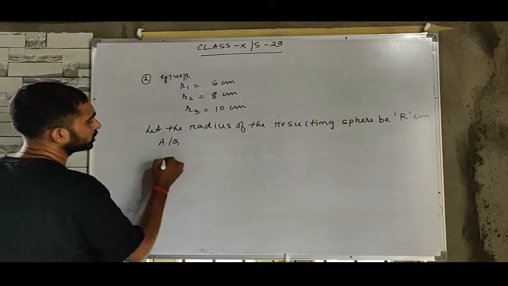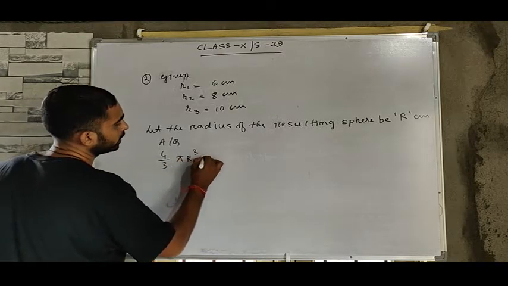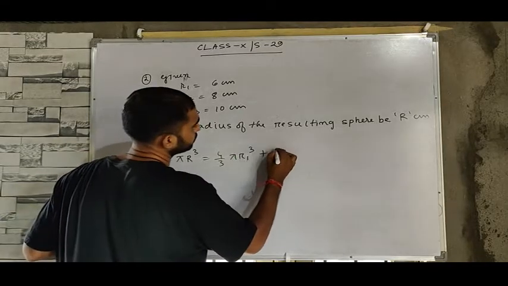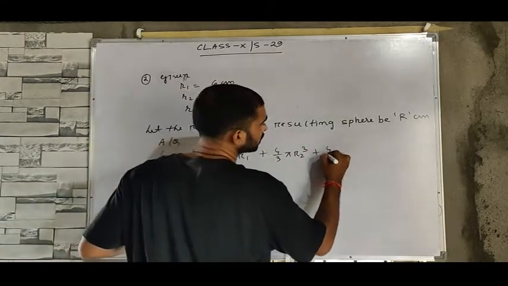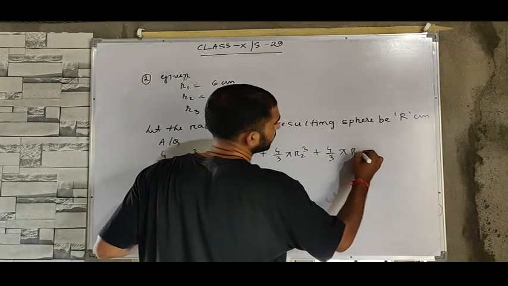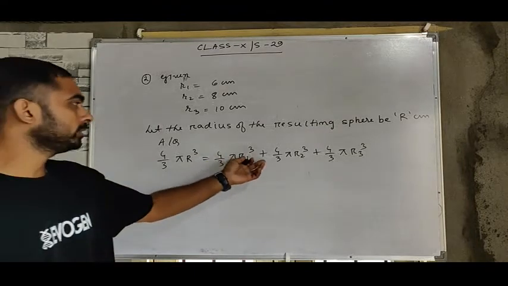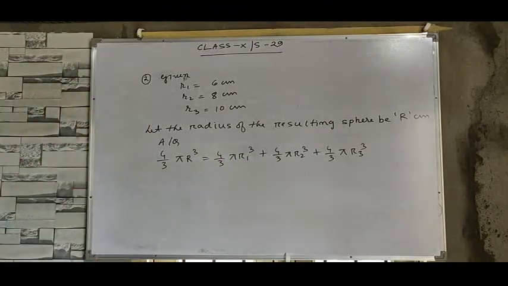Now according to the question, volume of the resulting sphere equals volume of the three small spheres, because we got the resulting sphere by melting the three small spheres. So if you add the volumes of the three small spheres, that is the volume of the resulting sphere.